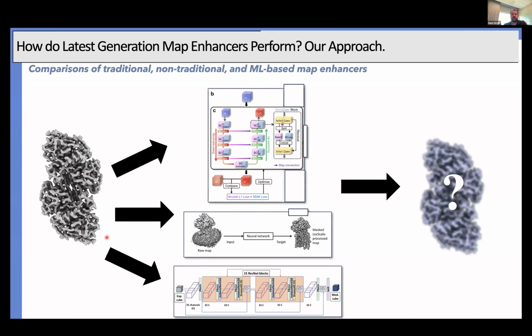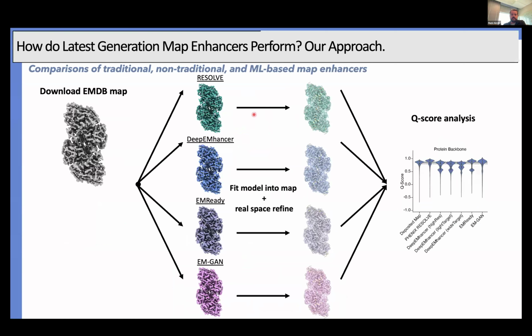And so we elected to basically take various input volumes, run them through traditional map sharpening algorithms as well as these machine learning algorithms, and then evaluate what happens on the other side. We selected to use Phenix Resolve, DeepEMhancer, EMReady, and EMGAN, which is a mixture of maximum likelihood density modifiers and machine learning based map modifiers.